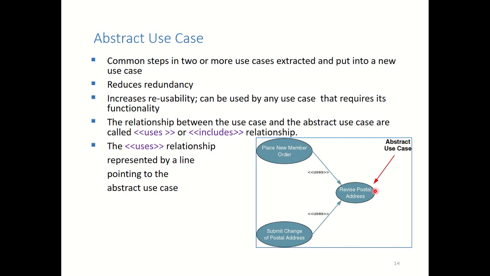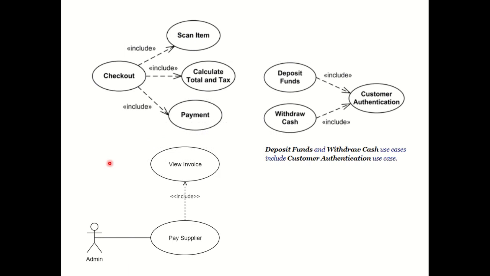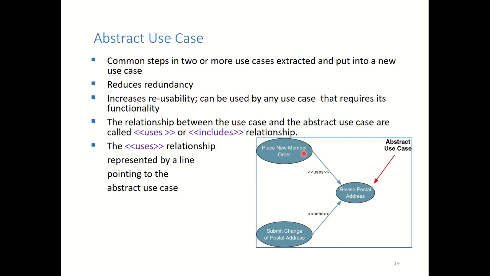Abstract use cases are like simple use cases which are actually composed of many other use cases. That is nothing but abstract use case, and you will be using the uses relationship. We will see that. And so this is your include relationship. When you look at the uses relationship, you could see that this is your abstract, so this is your base use case, and this is the child use case.